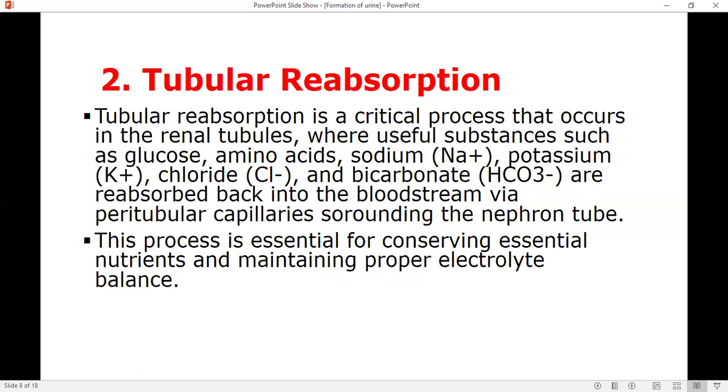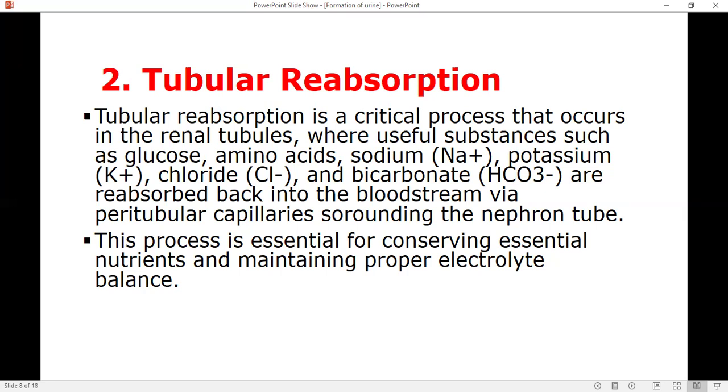Tubular absorption is the only process that returns some important substances into the bloodstream, because in as much as they passed because they are small, they are not supposed to be excreted. They are not supposed to be urinated.